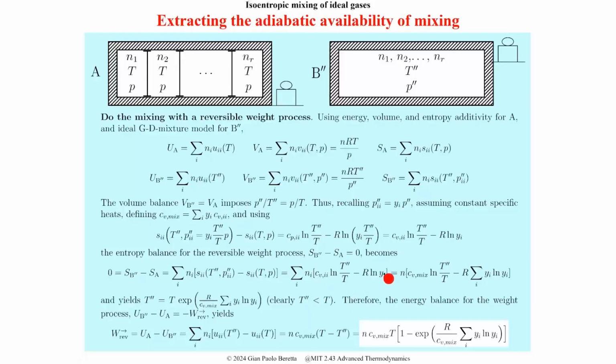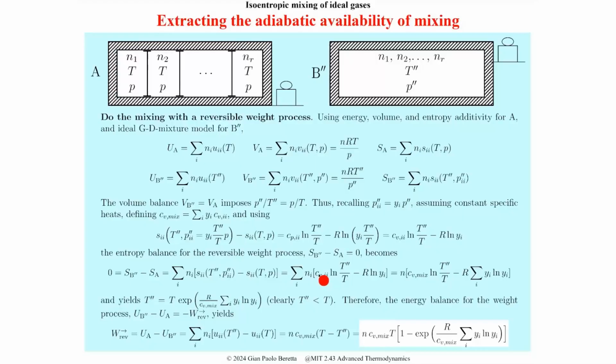We can put it in the entropy balance. Now I see here that I could define an average specific heat at constant volume of the mixture as being the weighted summation here.